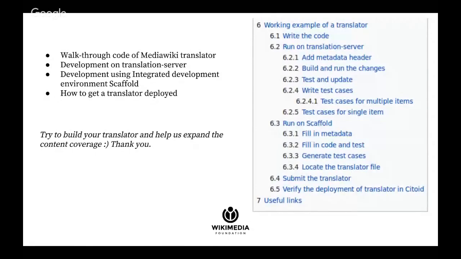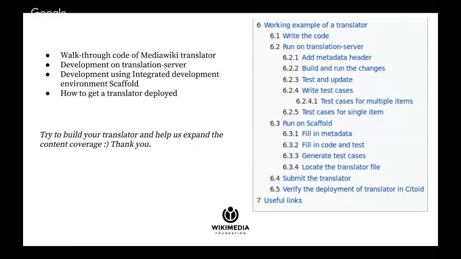Moving ahead, we have a detailed explanation of a translator for MediaWiki.org. This documentation was basically prepared because the current documentation that we have was pretty old and did not have all the updates. During the internship period, Zotero released its new version, Zotero 5.0.